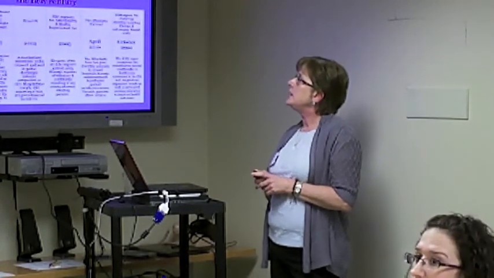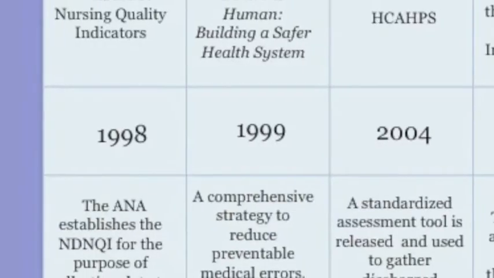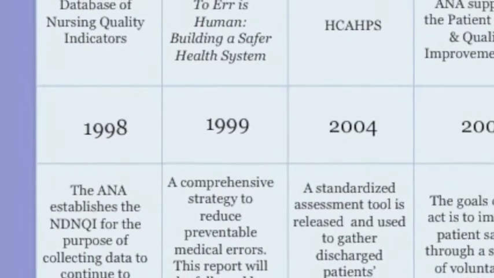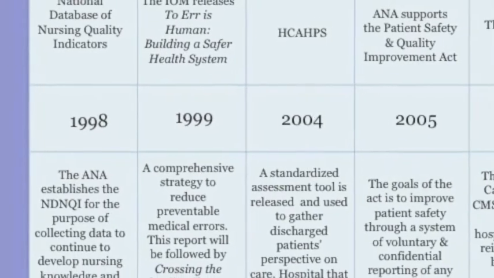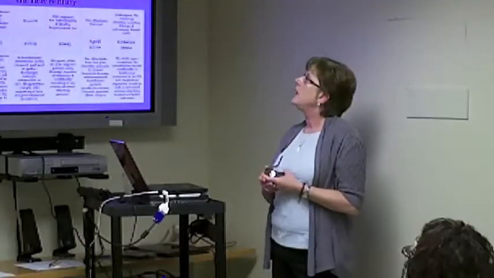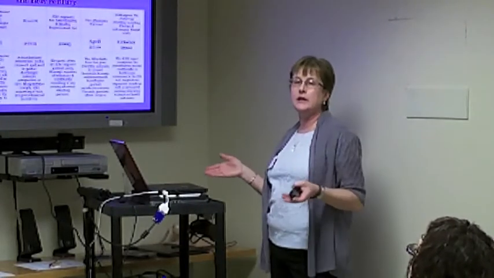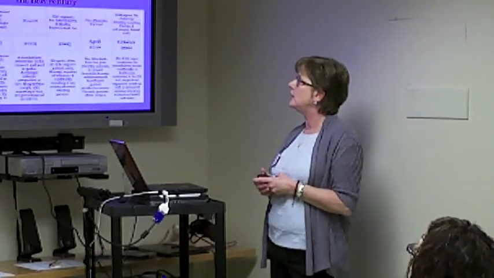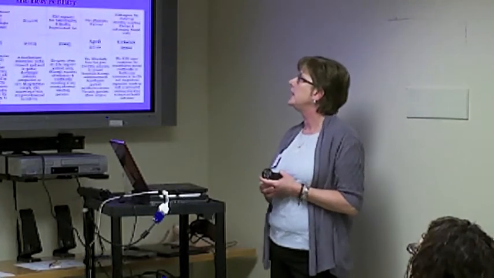So the National Database of Nursing Quality Indicators, again, ANA saying, we want to be able to track and follow and see what is happening in different institutions so we can start measuring and comparing quality.